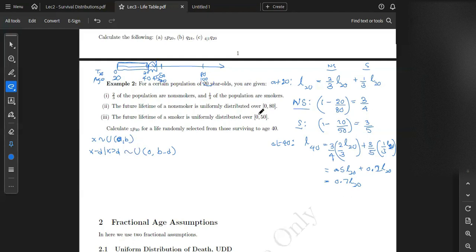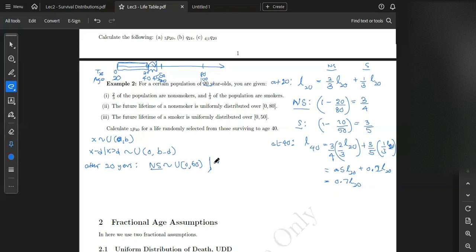Since both of these distributions are uniformly distributed from 0 to 80 and 0 to 50, starting from 20, now they have almost consumed 20 years from their lifetime. So it's like d is 20. So we have to remove 20 years from their future lifetime by now. So for the non-smokers, after 20 years, we have a uniform distribution from 0 to 60, because 80 minus 20.